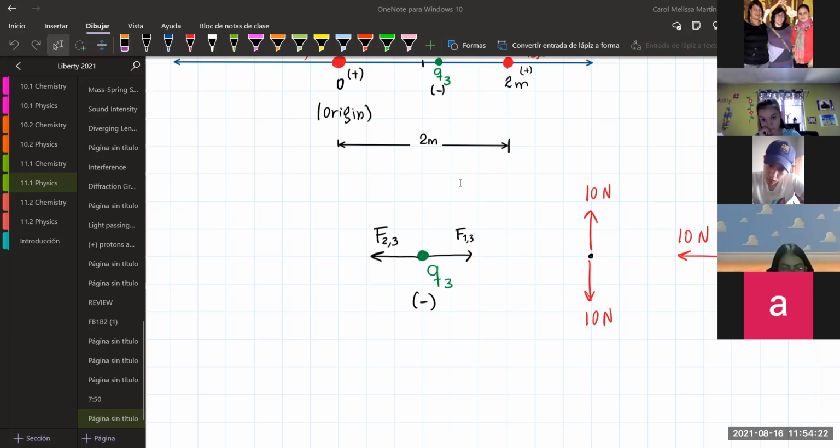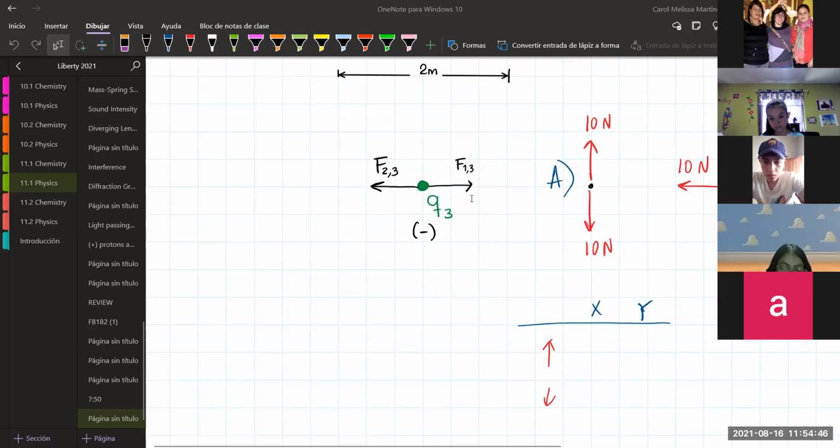Imagine that you have to do the chart for the problem A. Okay, we're working just in the chart of the problem A. So you have your vectors, your x and your y. Okay, the vector 1 goes up and the vector 2 goes down because they are just vertical.